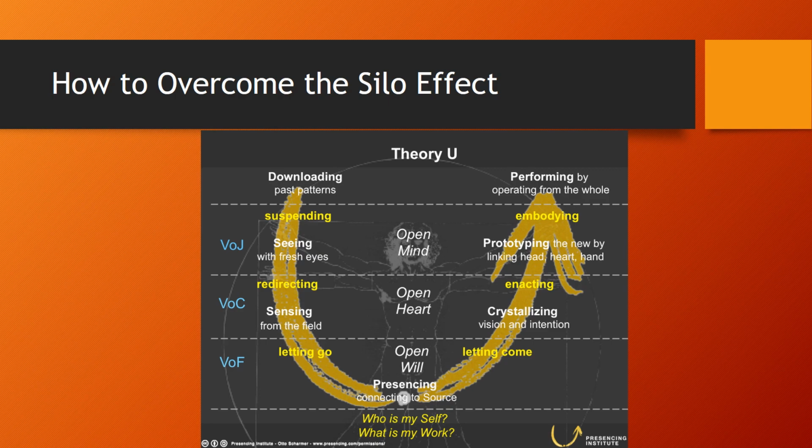Now, let me just start with the first thing. And that is that the leadership has to be on board, has to decide, wow, you know what? We need to be more innovative. There needs to be more adaptability.